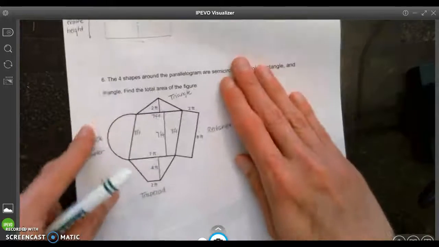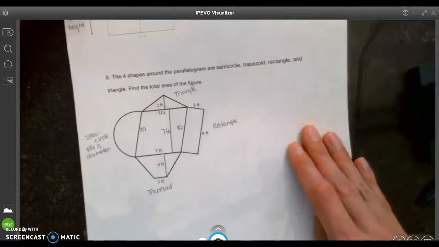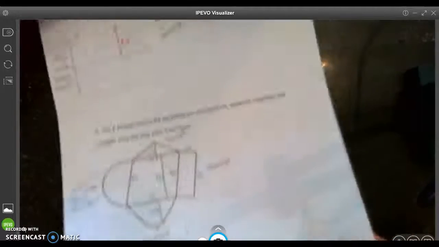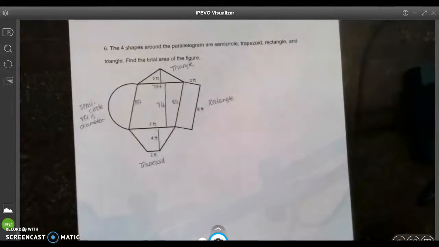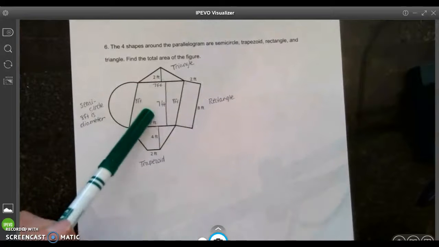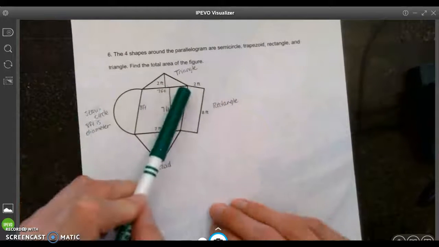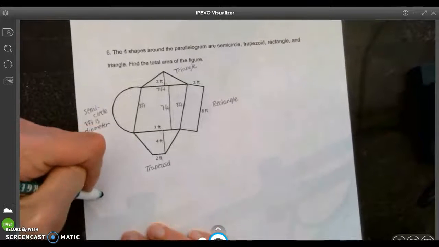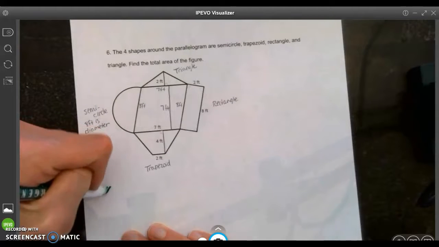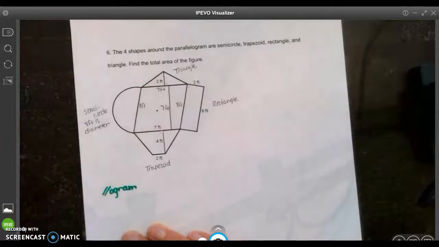And then down in our last one, it says 4 shapes around the parallelogram. So 5 shapes total, because I have the parallelogram, triangle, trapezoid, rectangle, and semicircle. So let's start with the parallelogram on the inside. The parallelogram, that's this one right there.